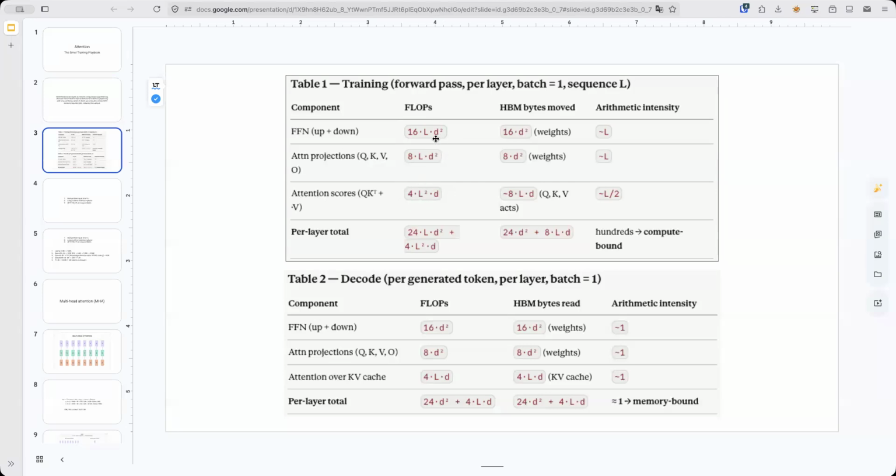So it's basically a trade-off where the L squared term surpasses the d squared term.